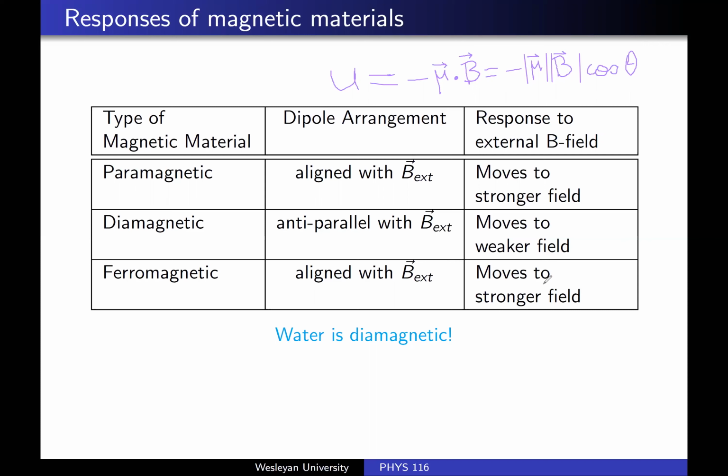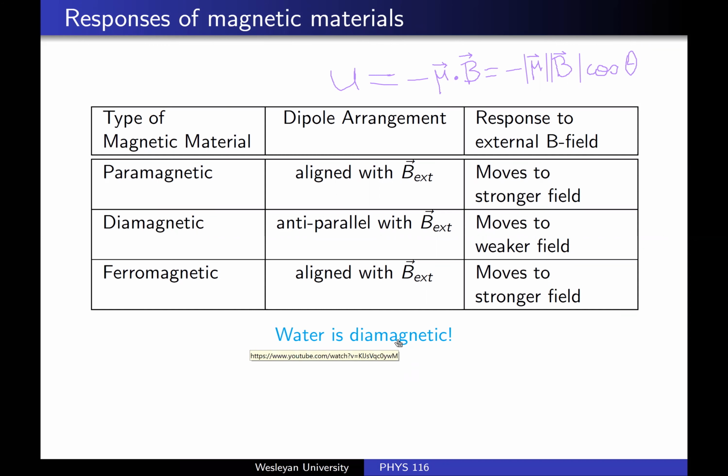Now, remember we said that water is diamagnetic, and we said that diamagnetic materials move towards weaker fields. This can be used for magnetic levitation. And one of the most dramatic examples of this is using water. But we know that water is present in pretty much every living thing.